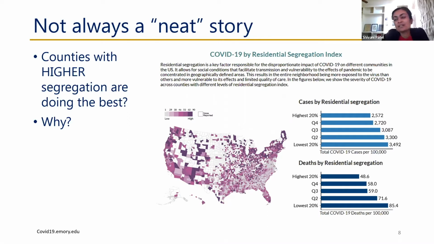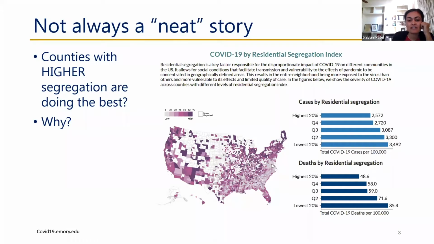But when we look at this picture across counties, you see that there's a reverse association between residential segregation, something that we've historically thought of as a bad thing for especially the health of minorities. So we see a flipped association between residential segregation and COVID-19 cases and deaths as compared to what we saw with the proportion African American. And part of that might be that actually in the US South, likely because of the high numbers of African Americans, you actually see more residential mixing than one might expect.